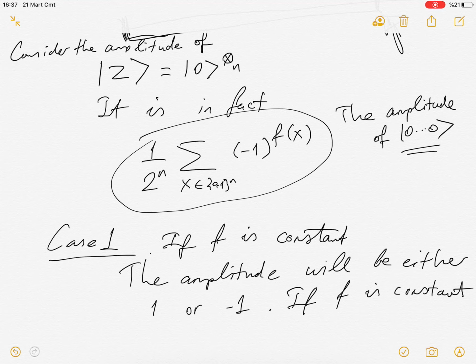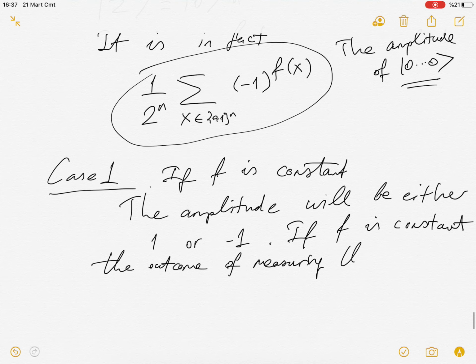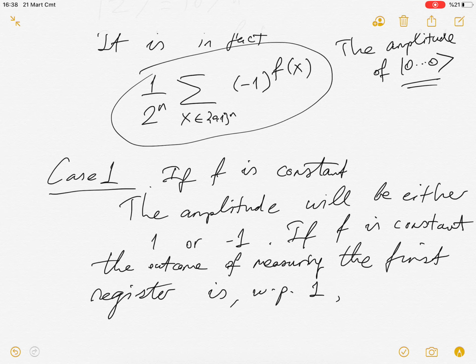So it's going to return with 100 percent probability the outcome of all zeros. I'm going to observe all zeros in the first register when I measure it, if f is a constant function, right?